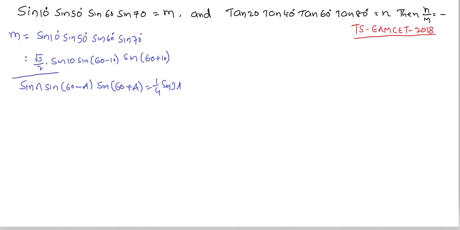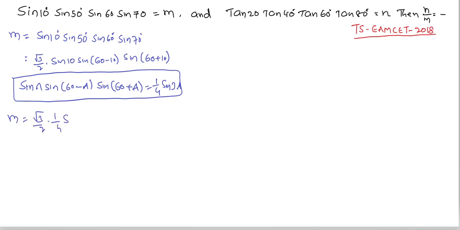Applying this formula, m is equal to root 3 by 2 into 1 by 4 into sine 3 into 10, that is sine 30. Here the sine 30 value is 1 by 2. It is root 3 by 8 into 1 by 2, so m is equal to root 3 by 16.